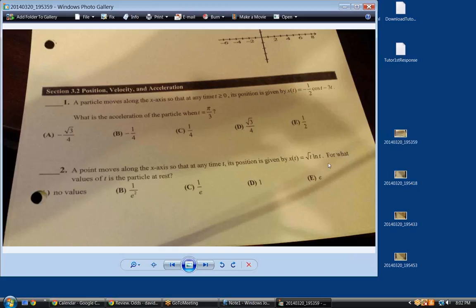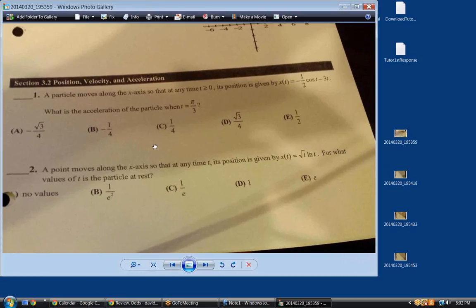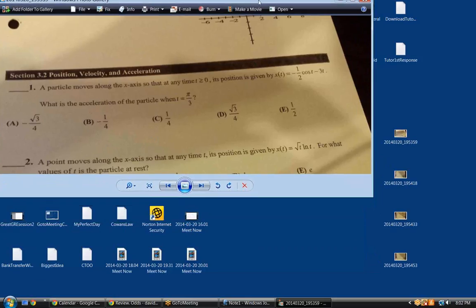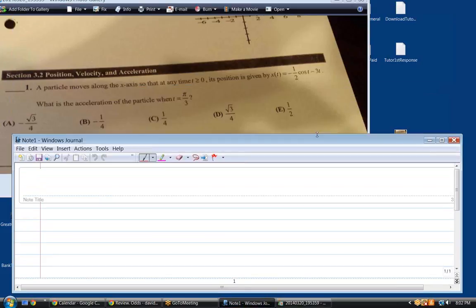And we're only doing odds tonight. The particle moving along the x-axis.